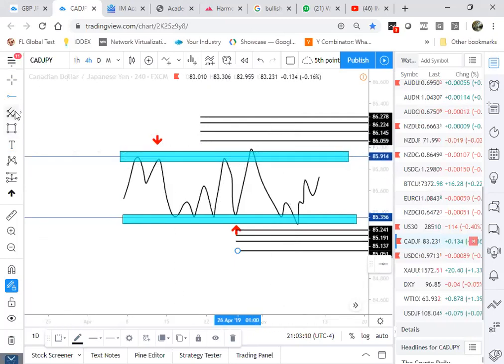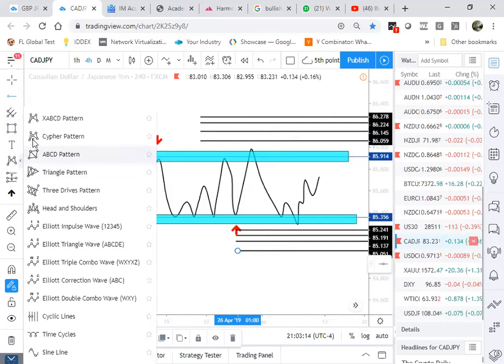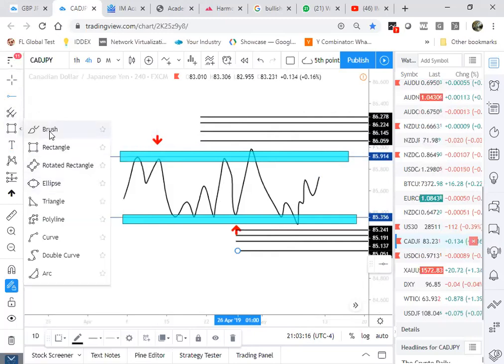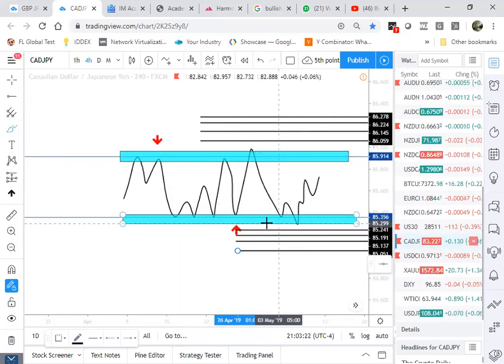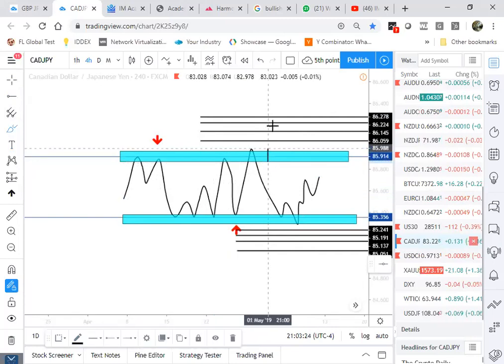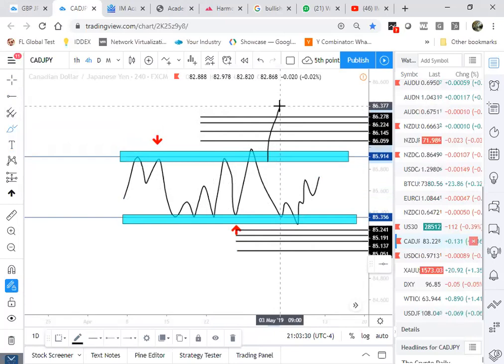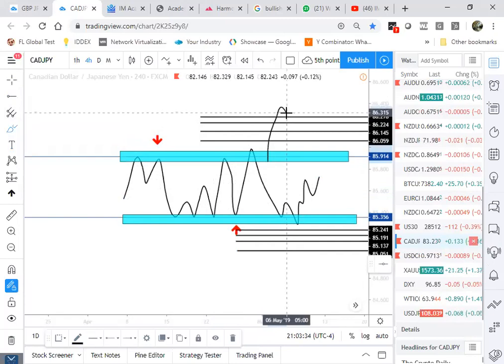So what they will do is push the price up. Let's say they know people are selling off this resistance and buying off the support. They'll push the price up to a height that will be too much for the average retail trader, so let's say 100 pips. The average retail trader will not have a stop loss of 100 pips.